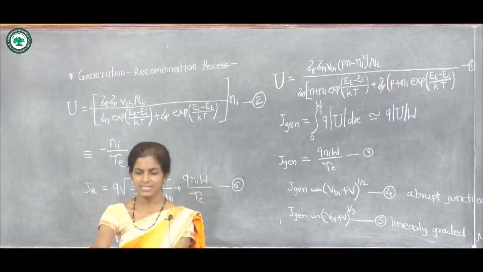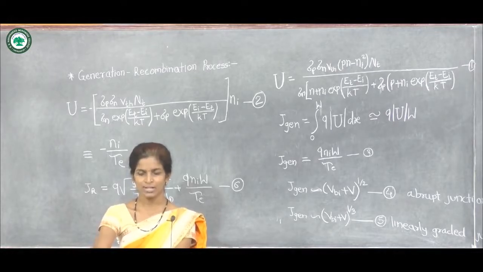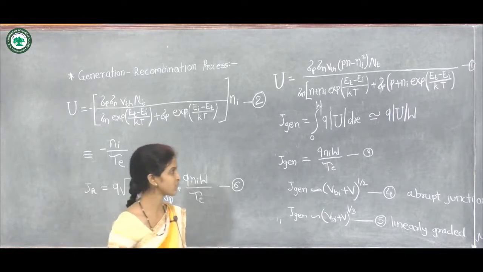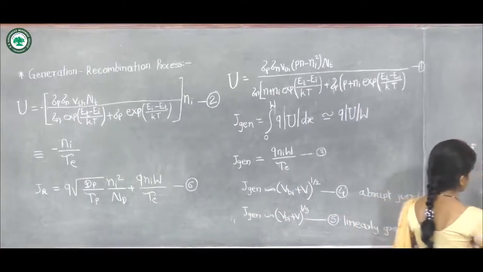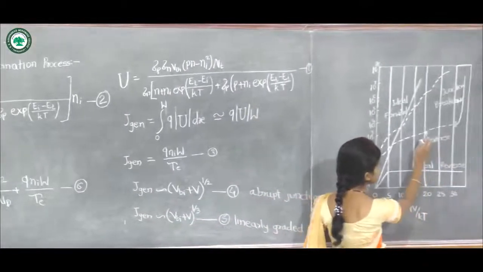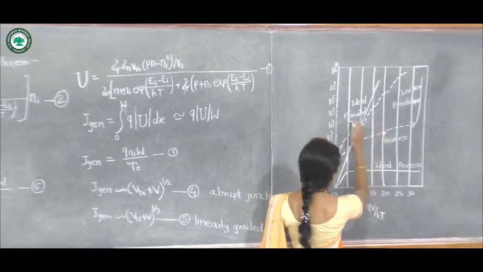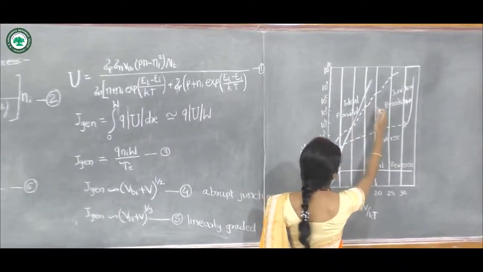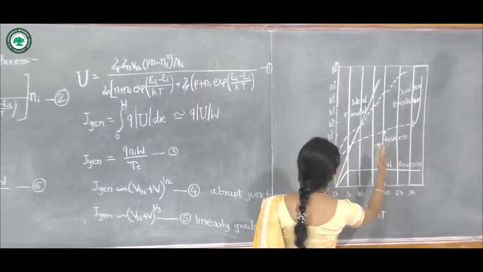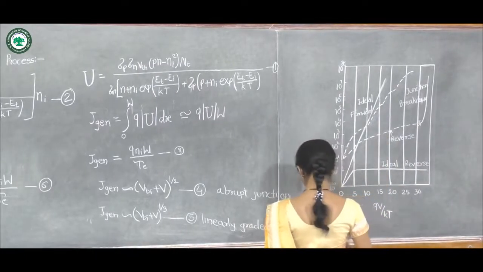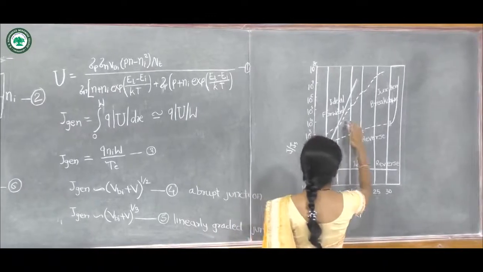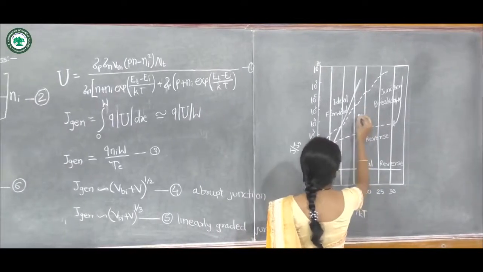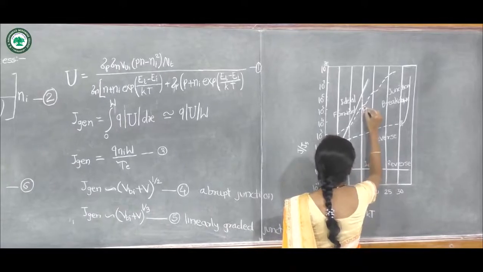A typical result for silicon is shown in this figure. So this figure shows the ideal reverse current, actual reverse current, ideal forward current, and actual forward current.